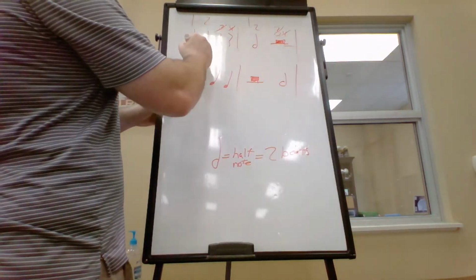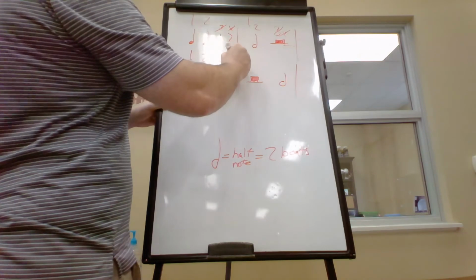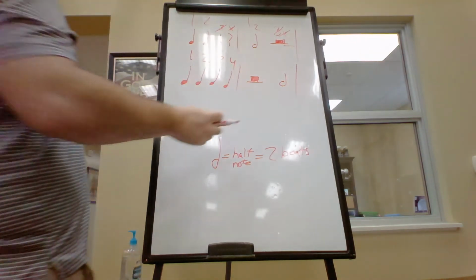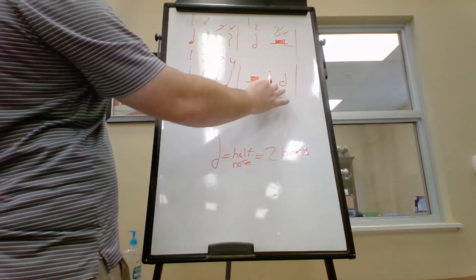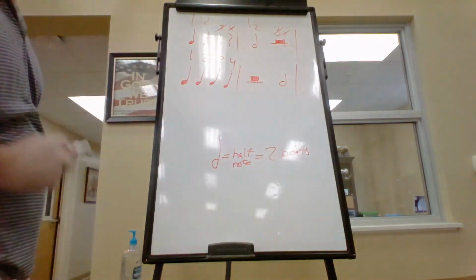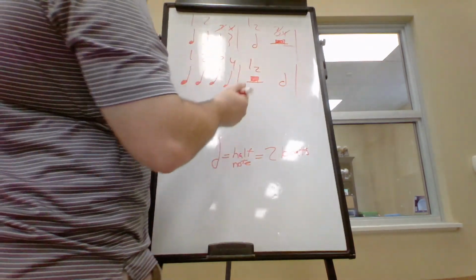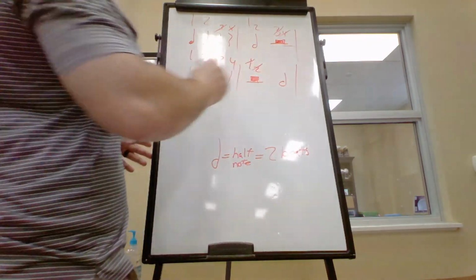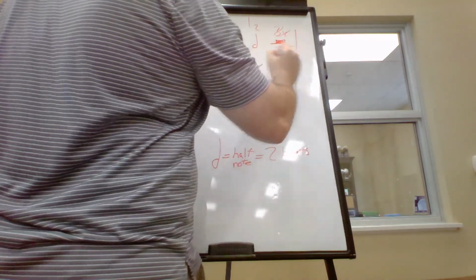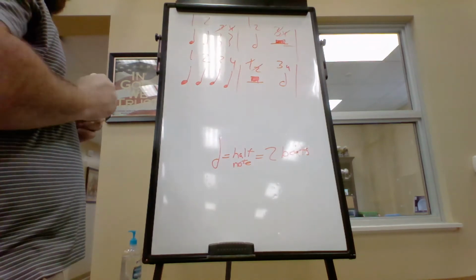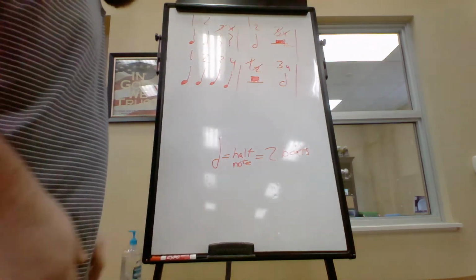Measure 3, easy peasy. 1, 2, 3, 4, all of them should be big. Now this last measure should be the same thing as this second measure, except backwards. So we're going to have a big 1, little 2 with a dash through both of those, and a big 3, little 4 with no dash. Easy peasy.